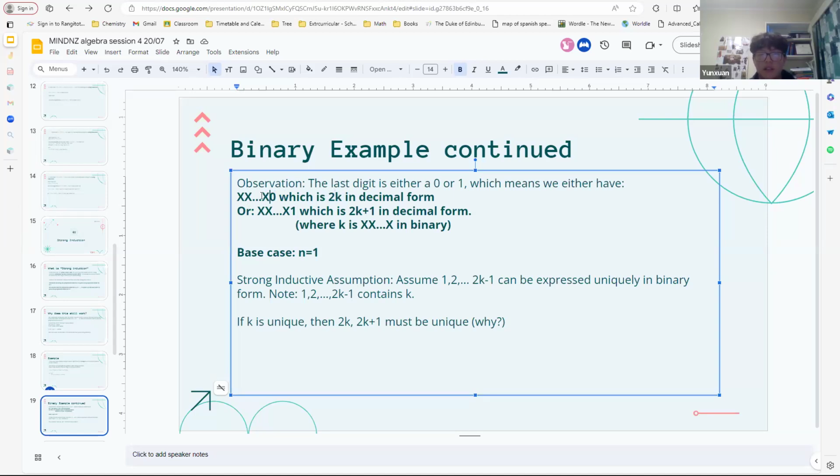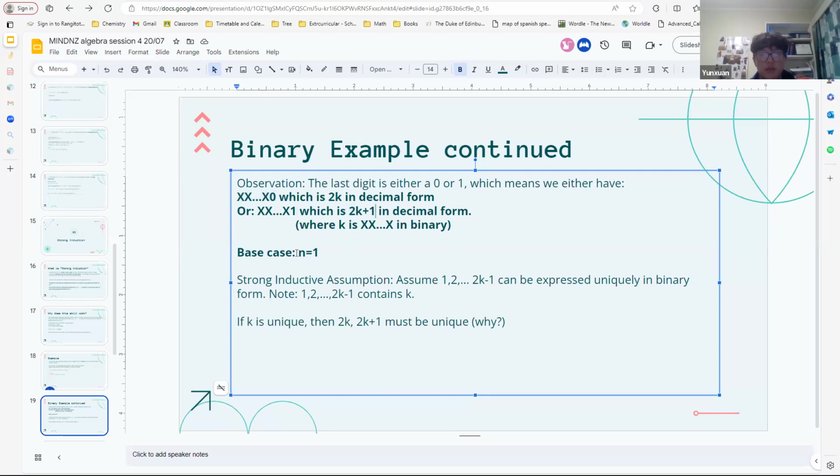That means there's something in front which all has 2 to the power of x, where x is larger than 1, which means it's just a sum of even numbers, which has to be even. And then over here, it's just even numbers plus 1, a string of binary followed by 0 plus 1, which makes it equal to 2k plus 1.